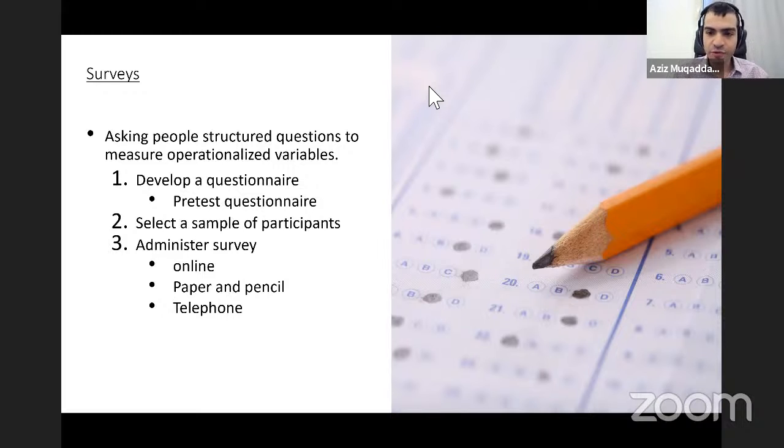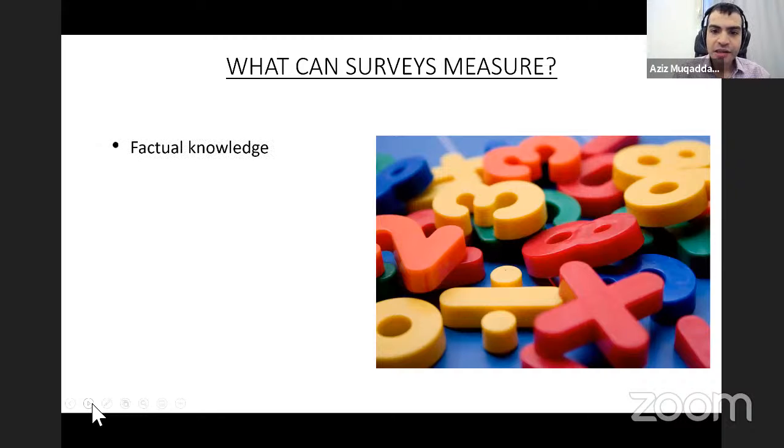Telephone surveys were the most common, but they are not used that much if you are trying to reach an actual representative sample, because most people don't have landlines nowadays.